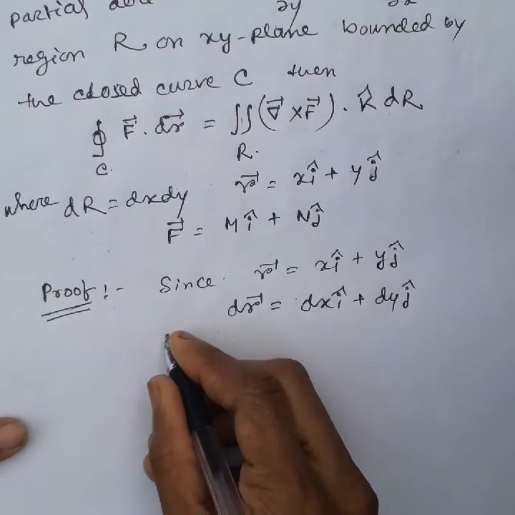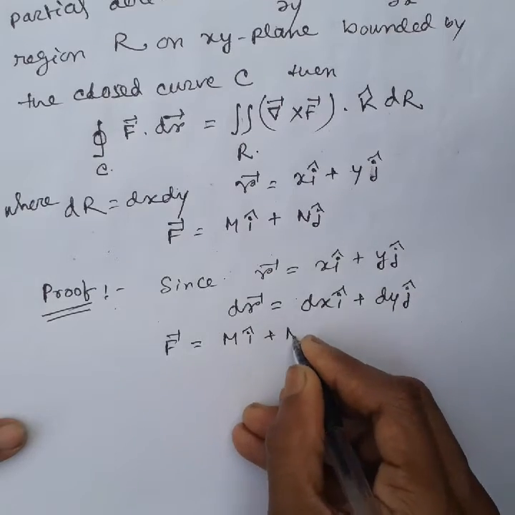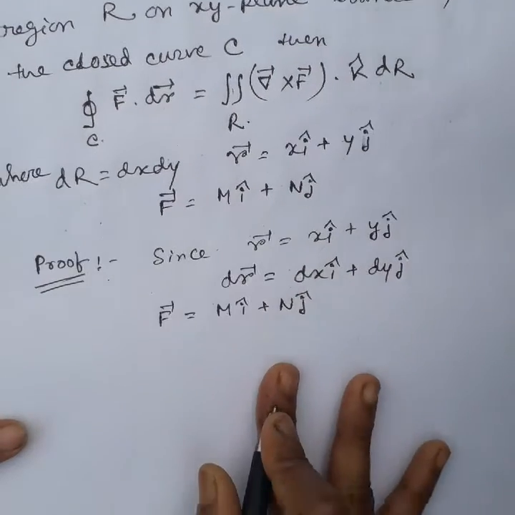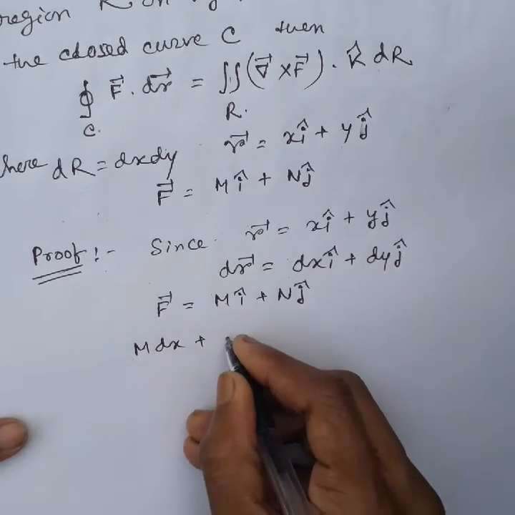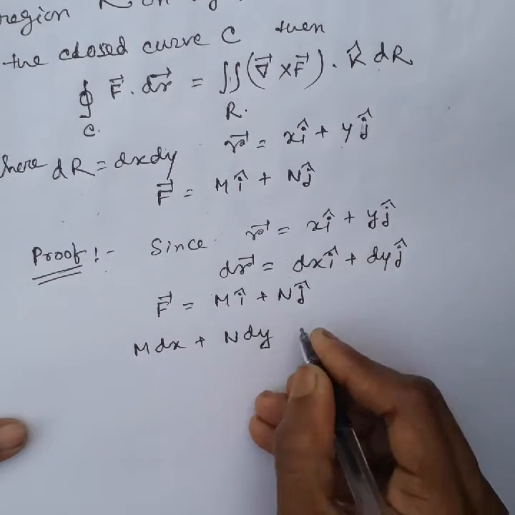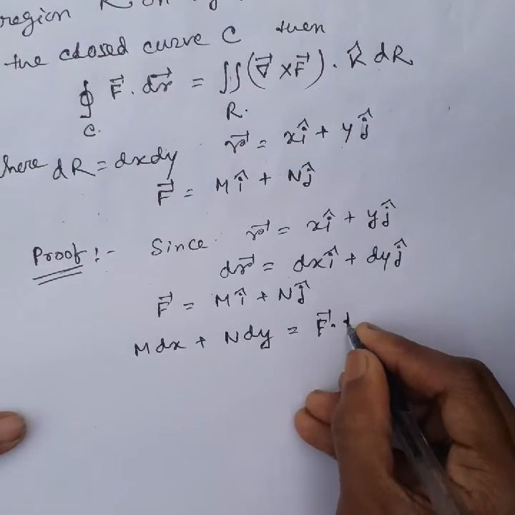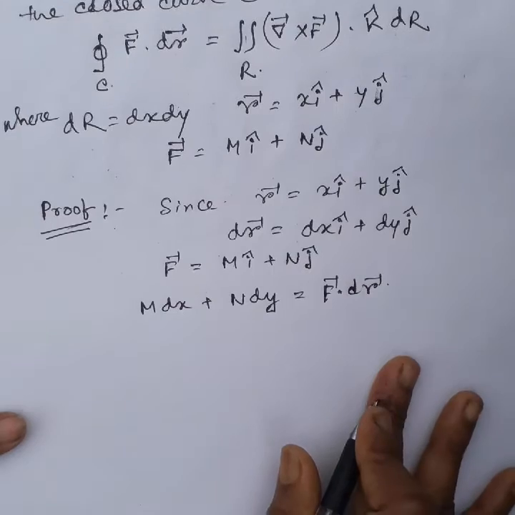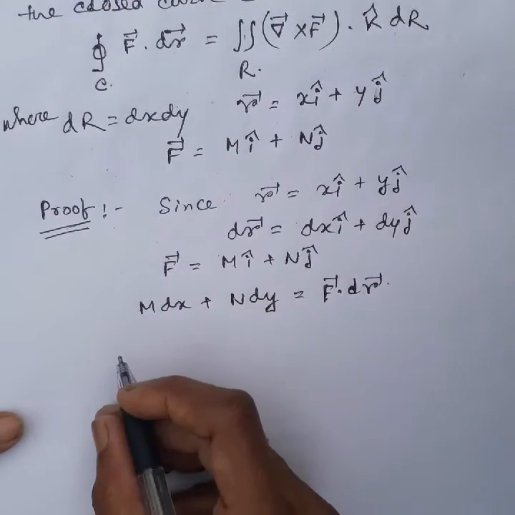Clear? And the vector F is equal to M i cap plus N j cap. That means M dx plus N dy is equal to F dot dr, the dot product of these two.